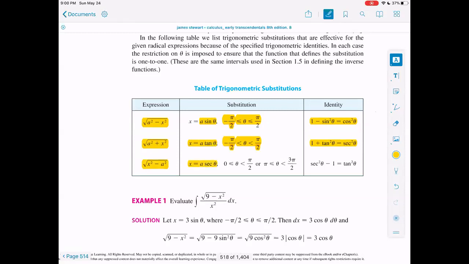X is going to be a secant theta. And then depending on what you want to be positive or negative or what your bounds of integration are, these are the restrictions. And your identity will be secant squared minus 1 is equal to tan squared, which is the same thing as the one above it, just rearranged.